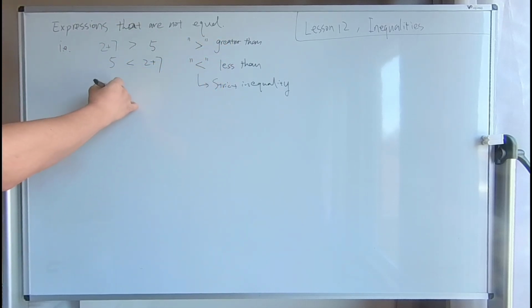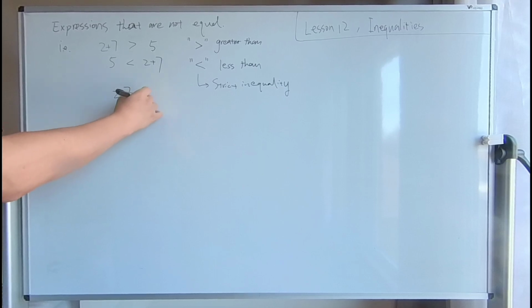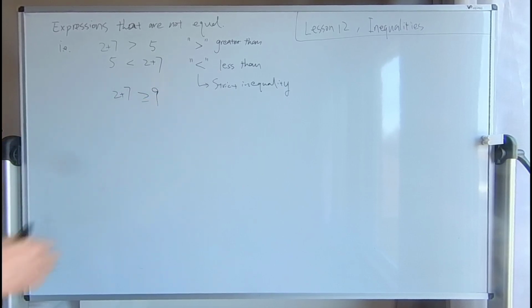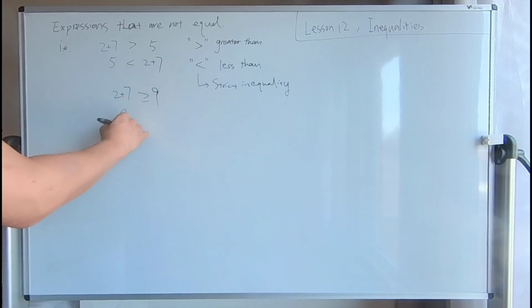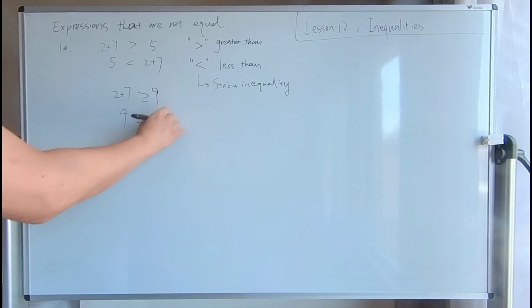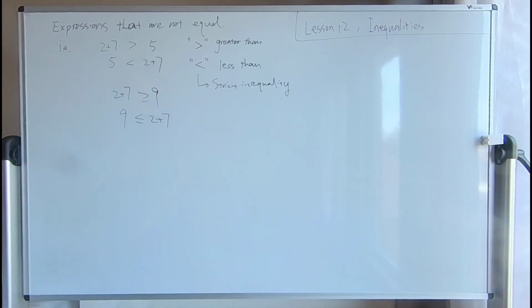We also have the case that 2 plus 7 is greater than or equal to 9 if this becomes 9, or 9 less than or equal to 2 plus 7. So we also have the case that the two expressions could potentially be equal. This is not a very good example because constants won't have this scenario, but later on when we use unknown variables, you will see many cases where you have either a strict inequality or a non-strict inequality.